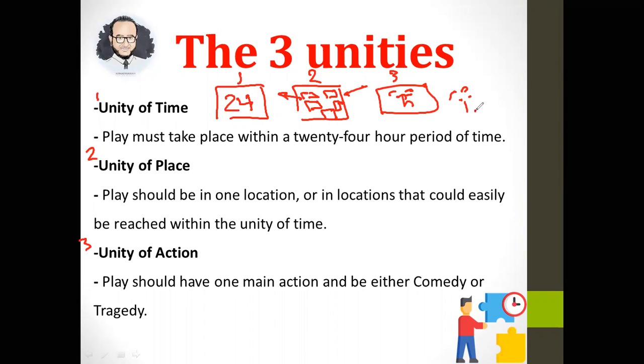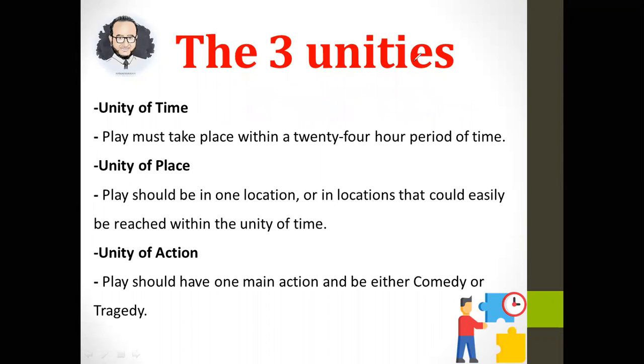So it's up to the events of the play. So you have three unities: unity of time, unity of place, unity of action. Not all the playwrights do this, but if you find it, it is an exception. It will be so attractive for you if you're going to analyze the play.